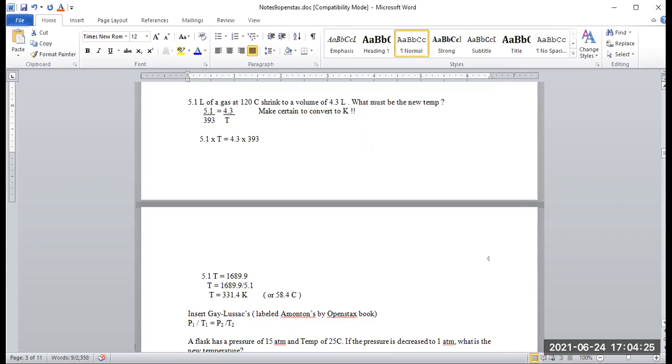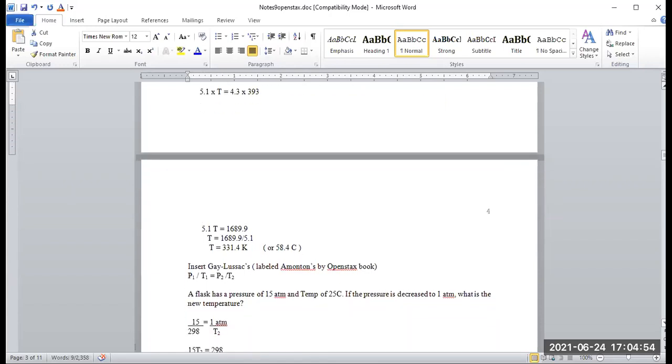I multiplied my right-hand side. I moved my 5.1 to do my division step. And on the Kelvin end of things, I end up with 331.4. If I subtract my 273, my Celsius temperature is 58.4.